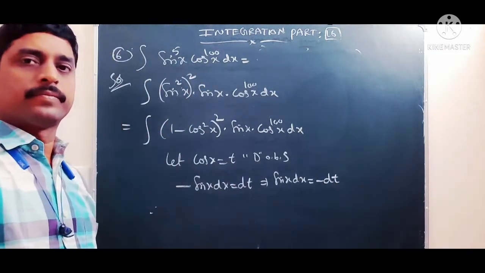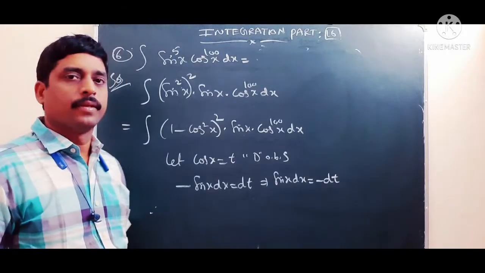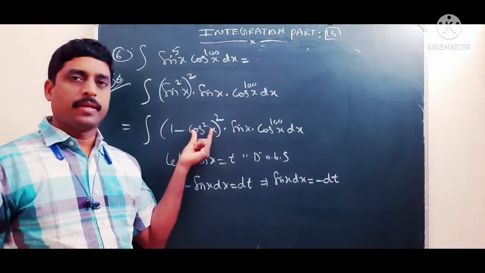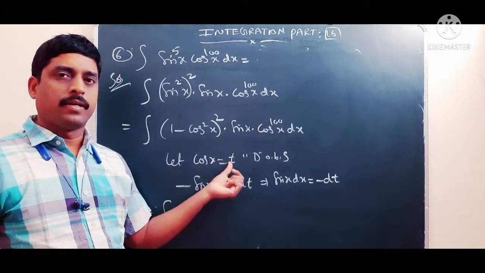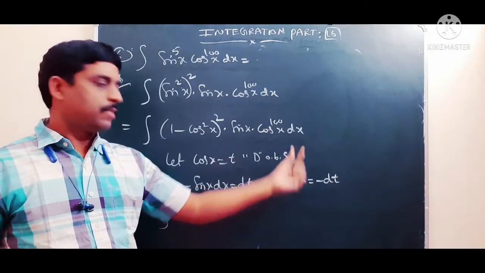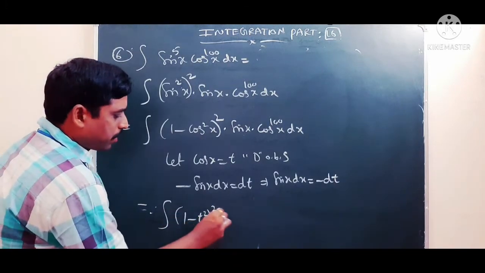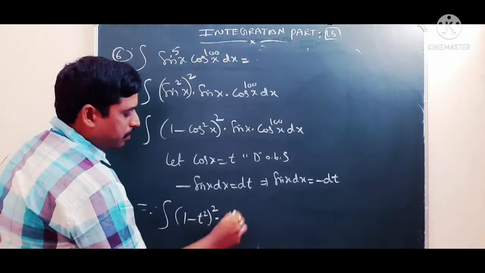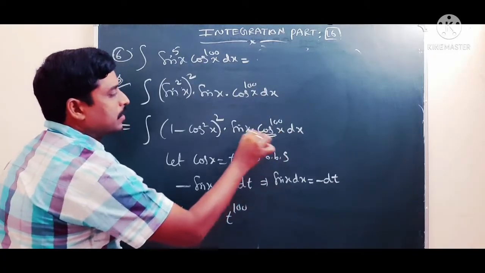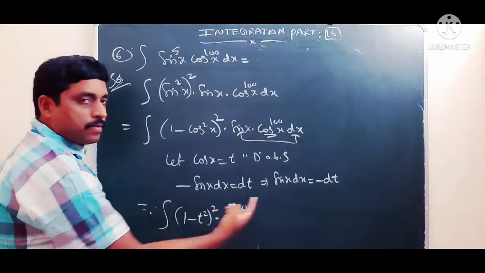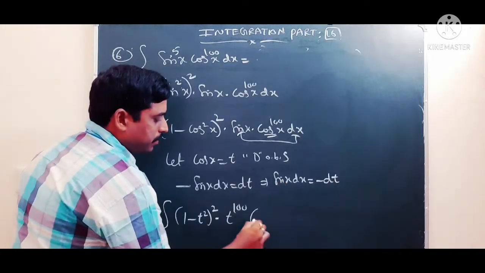Therefore, in the integral where cos x is placed, we write t, and sin x dx is minus dt. So 1 minus t square whole square into t to the power 100.